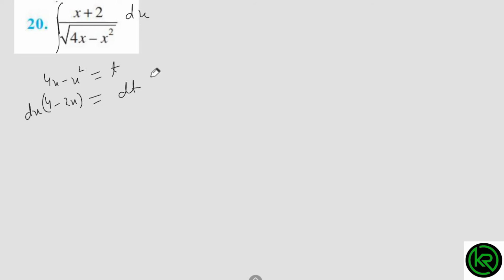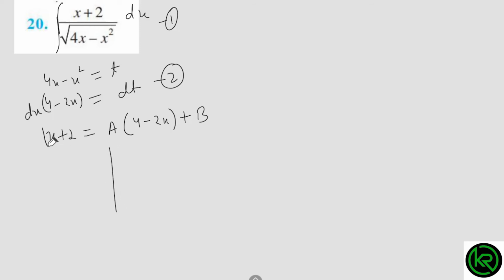Okay, so we can write this as first equation, this second, and then students we will split the numerator. X plus 2 equals a multiplied by 4 minus 2x plus b. Now equating both side coefficient of x, here coefficient of x is 1, here coefficient of x is minus 2a, so minus 2a equals 1, a will be equal to minus half.